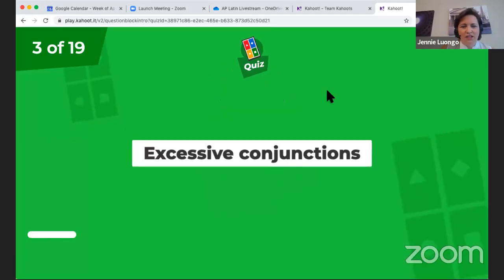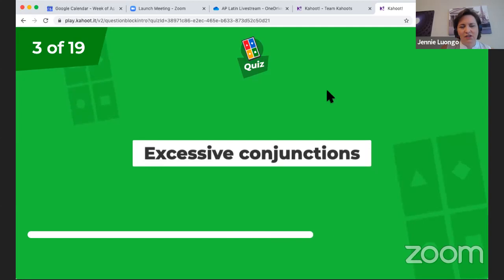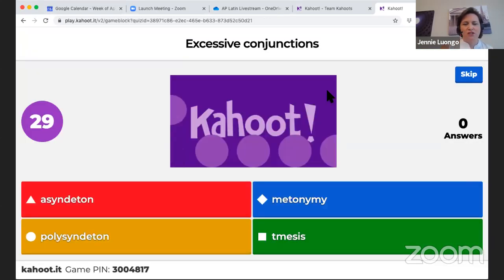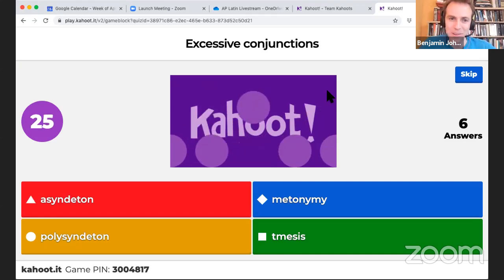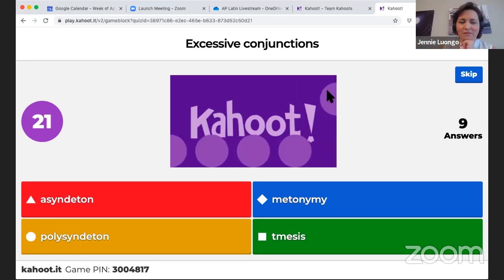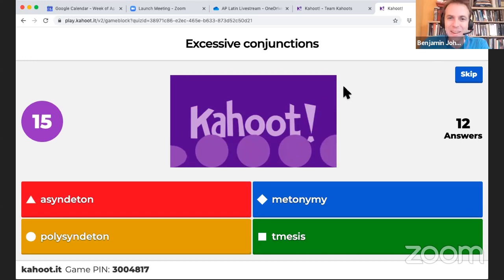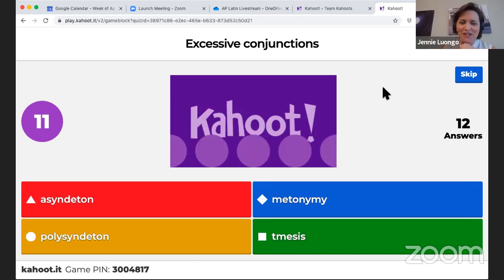All right, continuing on, this time excessive conjunctions, way more conjunctions than you actually need. So hopefully you remember what you answered for the previous one. Exactly. Is an example. Well, there's many things, right? What's the Greek prefix for many? Oh, now you're giving them lots of clues. Okay, it looks like we're getting faster on these.